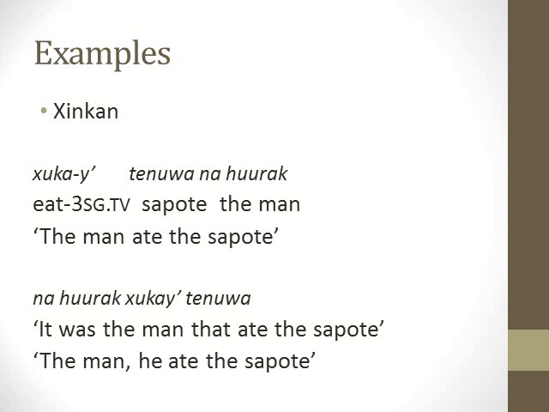Once we have this information, often data will be presented without morphological breaks, as in the next example, nahurak shukai tenua, and all that will be represented here will be what is different, and the only thing that's different here is the gloss. So that's all that's actually added here. If we were to look at these from an empirical standpoint, we would come to some observations.